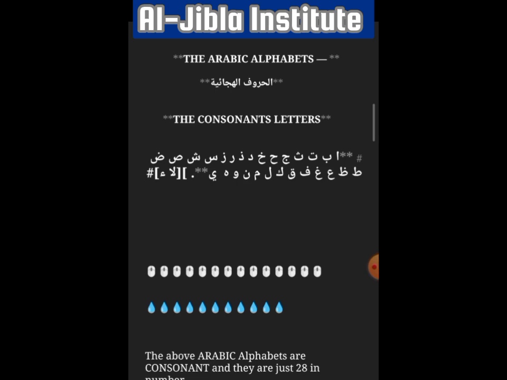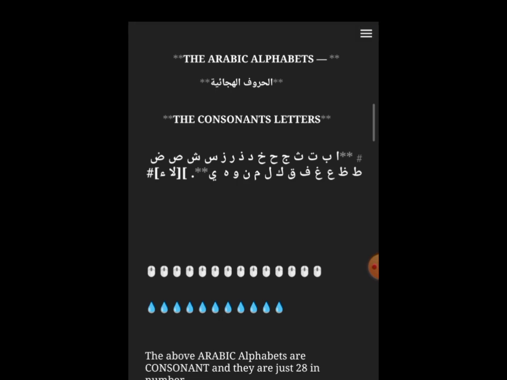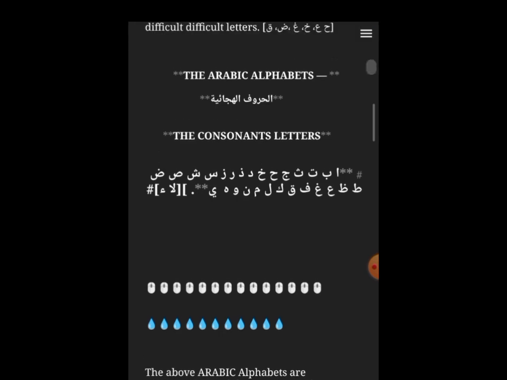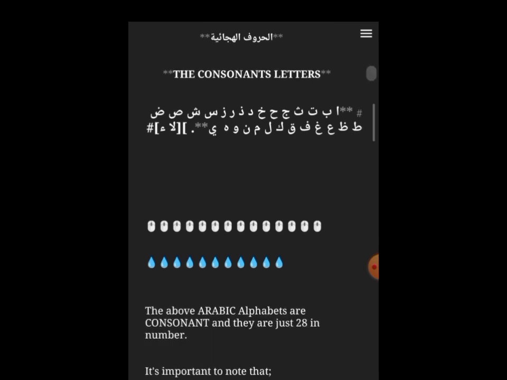This means you have to pass through the elementary level first, where you are able to read the letters and put them together until you can read any Arabic text. Only then can you understand this lesson. However, if you already know how to read the Quran or any Arabic text, you're welcome to this program. Follow up. All right, let's move on.